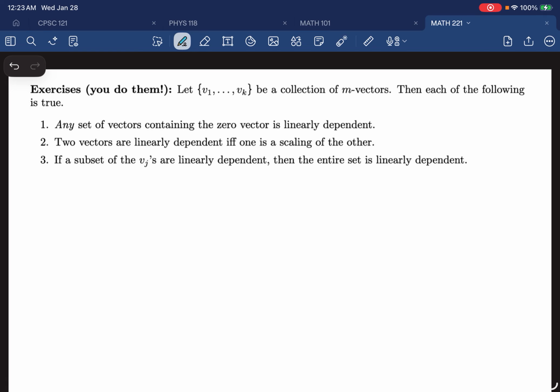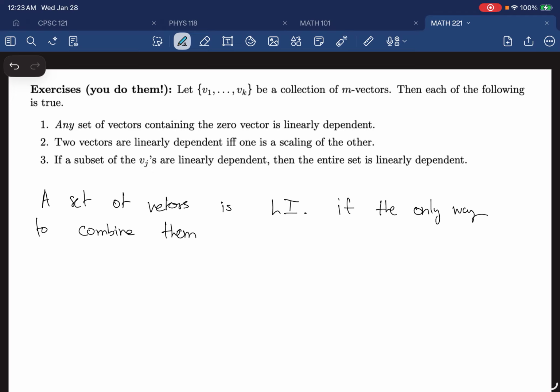The formal definition is that a set of vectors is linearly independent if the only way to combine them to get to the zero vector is to multiply each one by 0.